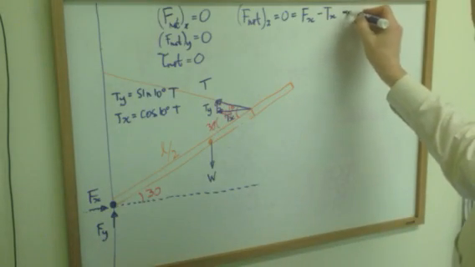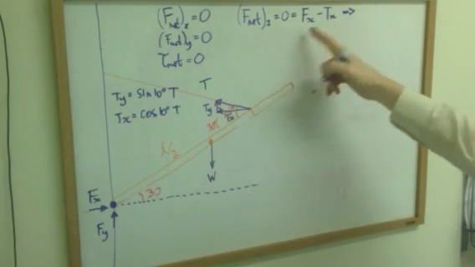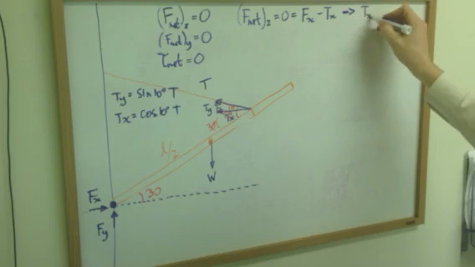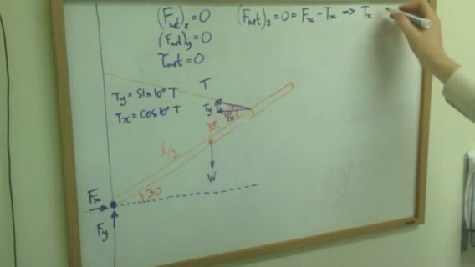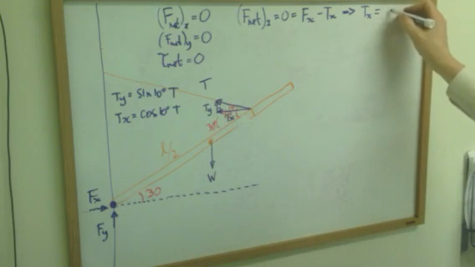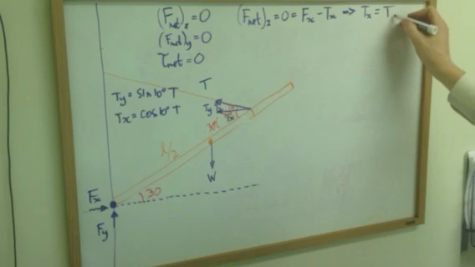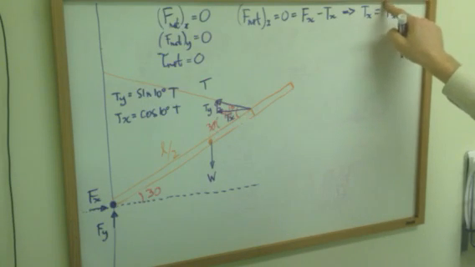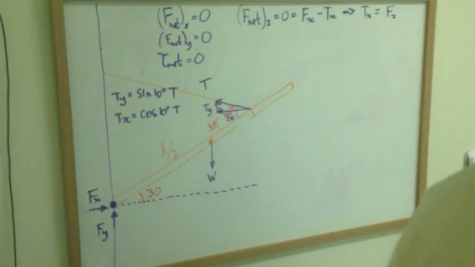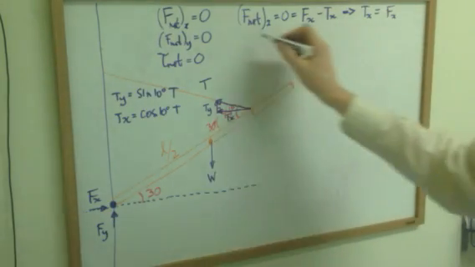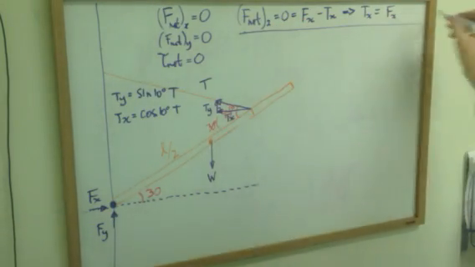So this leads to a very simple first equation saying that the horizontal tension in x is equal in magnitude, opposite in direction to the force down there at the pivot point. Both of those are unknown. That's not going to help me right now.